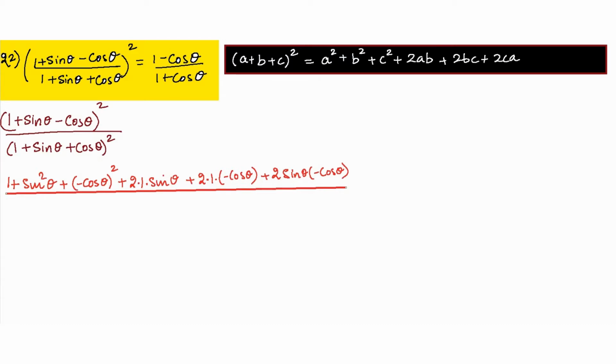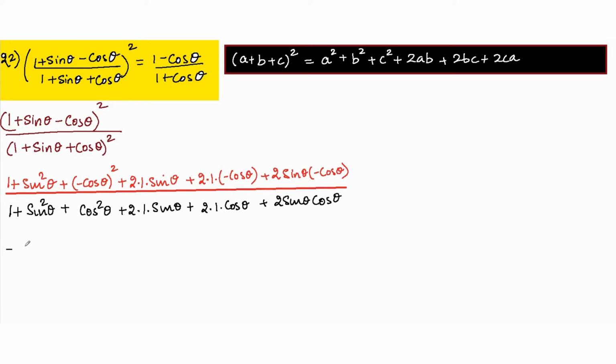The denominator is now going to be 1 square, which is 1, plus sine theta the whole square, which is sine square theta, plus cos square theta plus 2 into 1 into sin theta plus 2 into 1 into cos theta plus 2 into sin theta into cos theta.